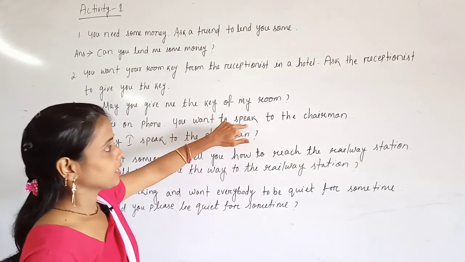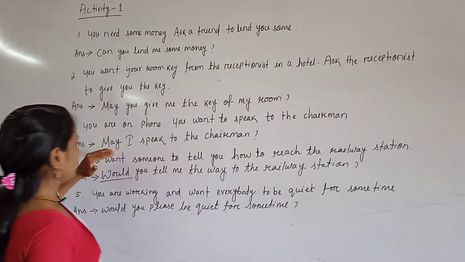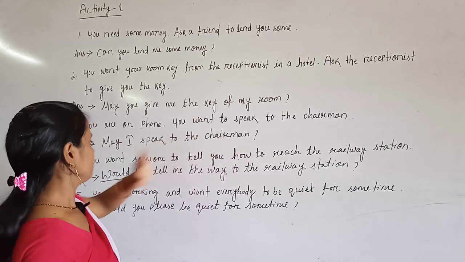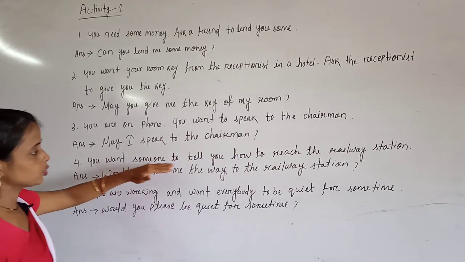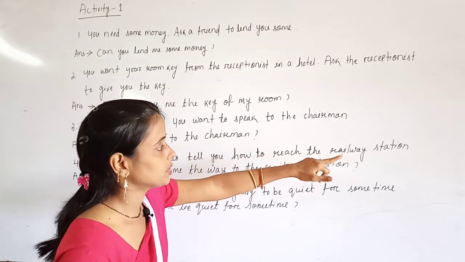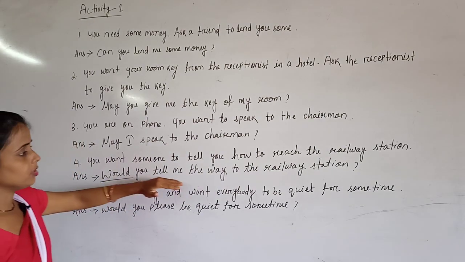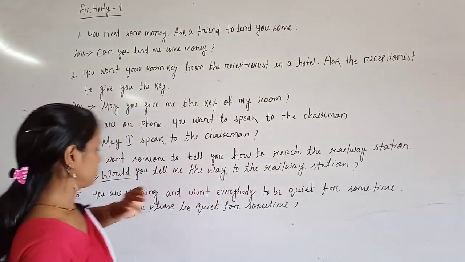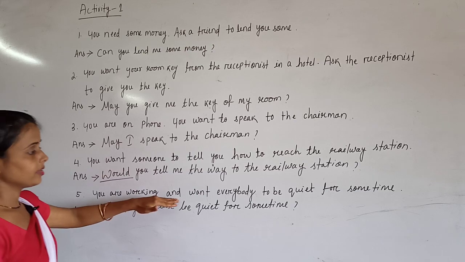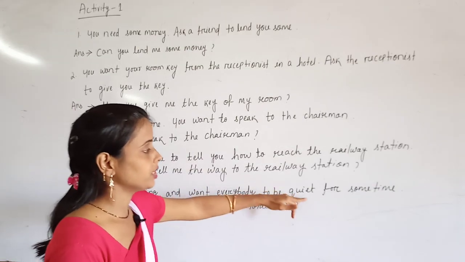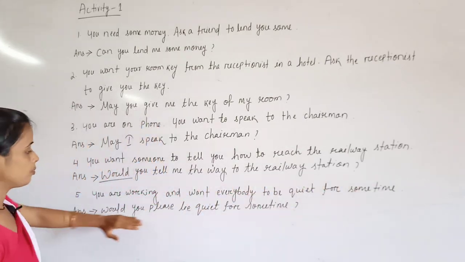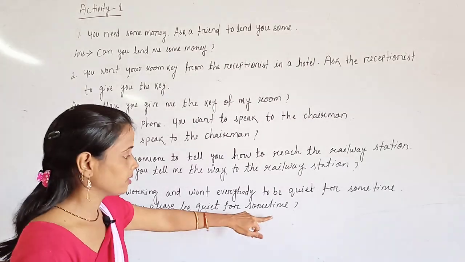You want to speak to the chairman. May I speak to the chairman? You want someone to tell you how to reach the railway station. Would you tell me the way to the railway station? You are working and want everybody to be quiet for some time. Would you please be quiet for some time?